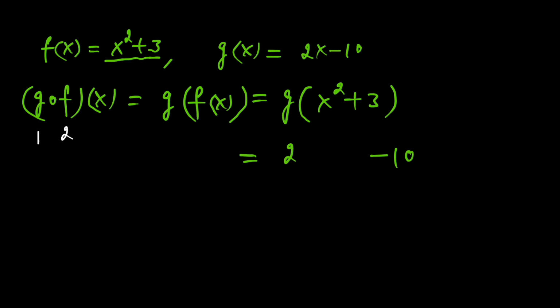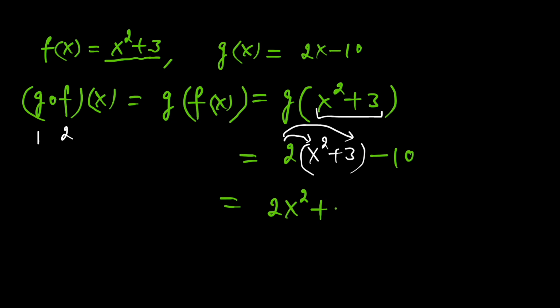Our new x is this x squared plus 3. So I'm going to replace the x with x squared plus 3. And then we can distribute this 2 to these two terms. And once you do it, it's going to be 2x squared plus 6 minus 10. What is 6 minus 10? It is negative 4. So 2x squared minus 4 is your answer to this particular question.